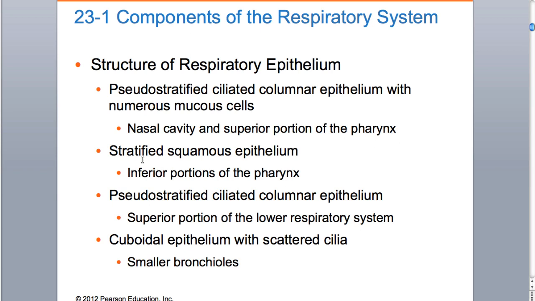Then we go to stratified squamous, pseudostratified ciliated again in the upper portion of the lower respiratory, and then we end up with cuboidal epithelium towards the bronchioles. Okay. So again, get a feel for the pattern of the epithelial tissue.